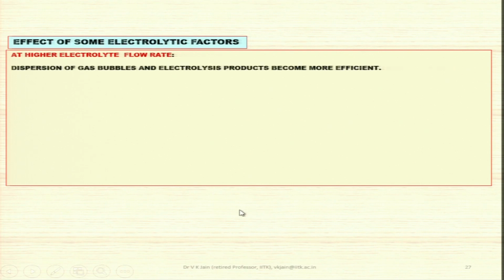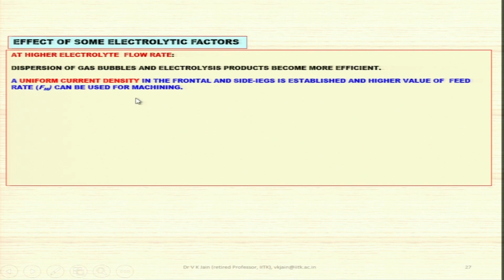Effect of some electrolytic factors: at higher electrolyte flow rate, dispersion of gas bubbles and electrolysis products becomes more efficient. Electrolysis product is nothing but the sludge that is formed during the wire electrochemical micromachining. A uniform current density in the frontal and side inter-electrode gaps is established, and a higher value of feed rate can be used for machining purposes.